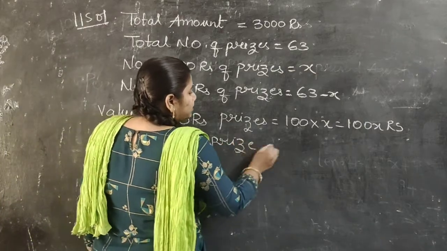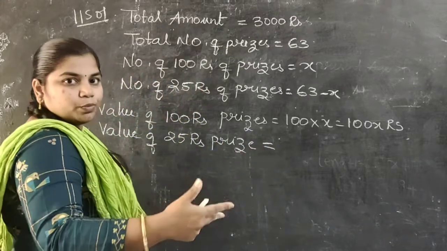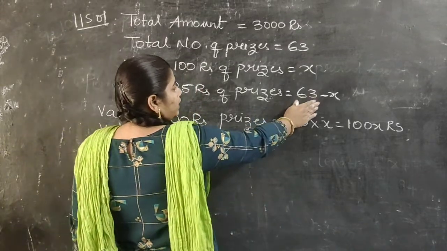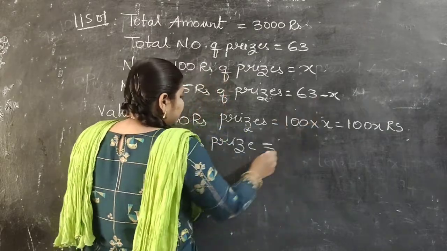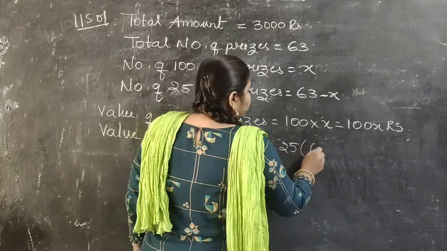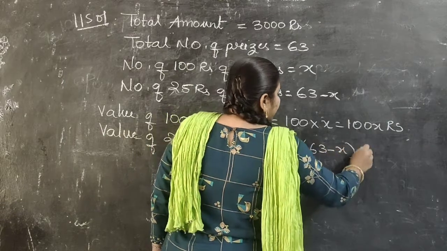Next, in the same way, the value of 25 rupee prizes. For one prize 25 rupees, for two prizes 50 rupees. In the same way, 63 minus x prizes are there. That means 25 into 63 minus x.